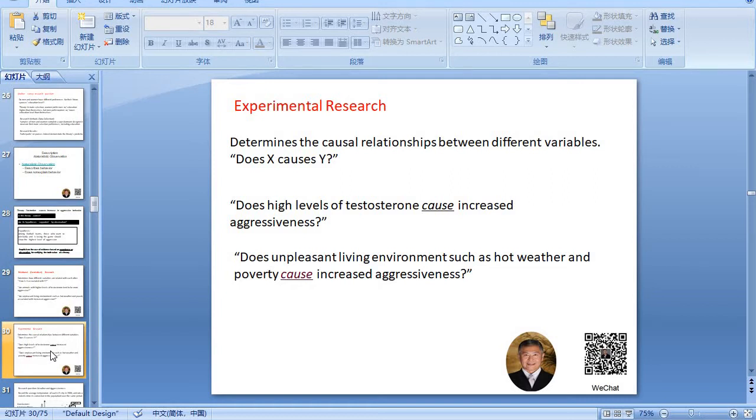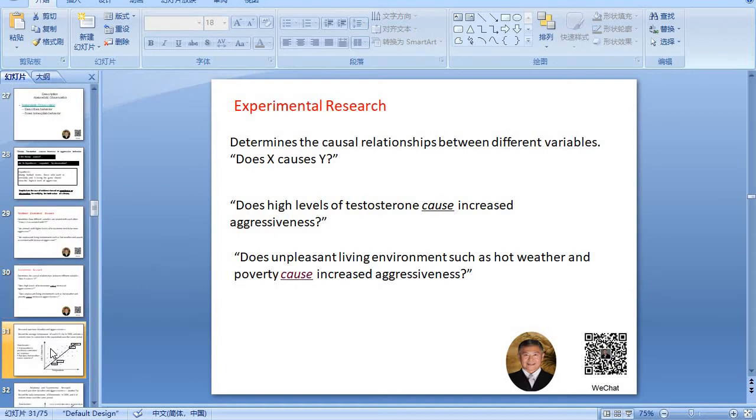It doesn't tell you cause and effect, but experimental research is able to tell you the cause and effect relation between two variables. Why is there such a difference in the impact of experimental research and correlation research? This is a key point.